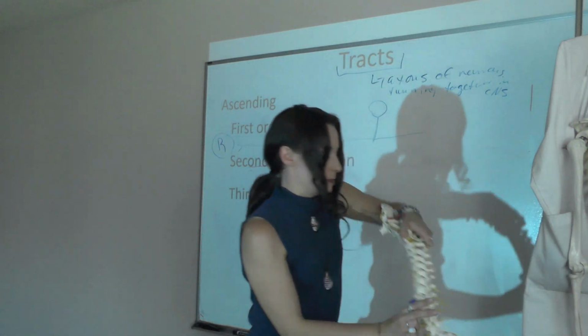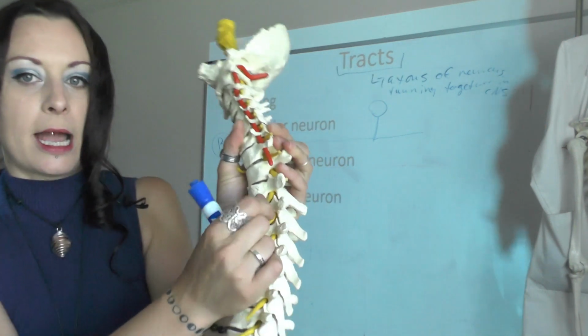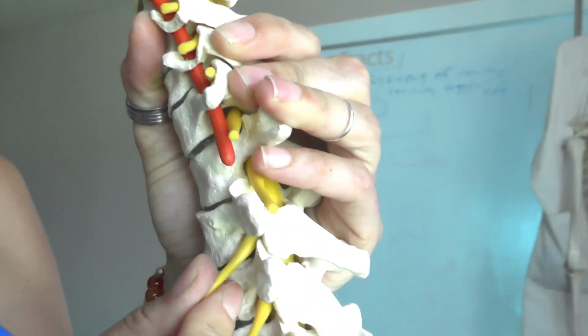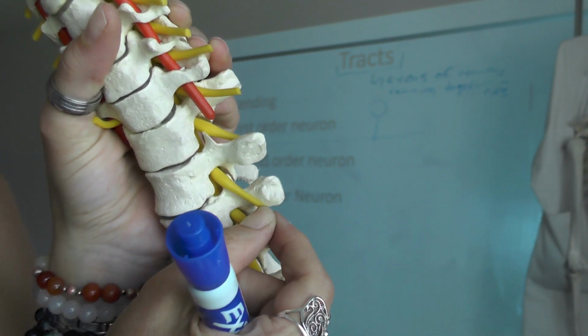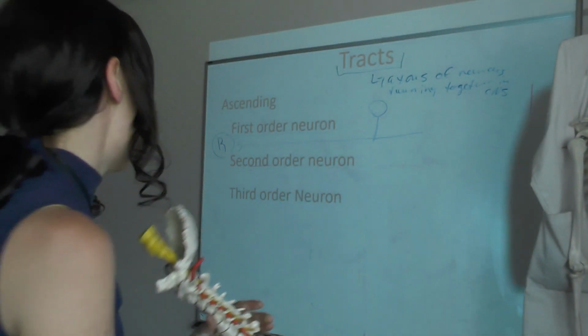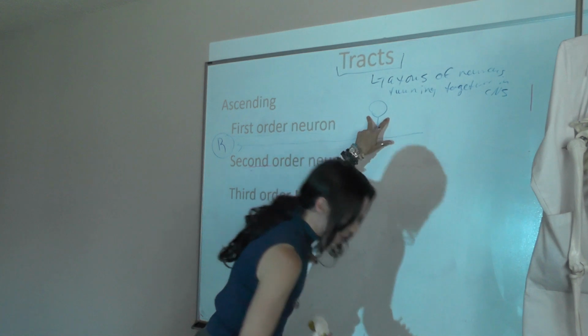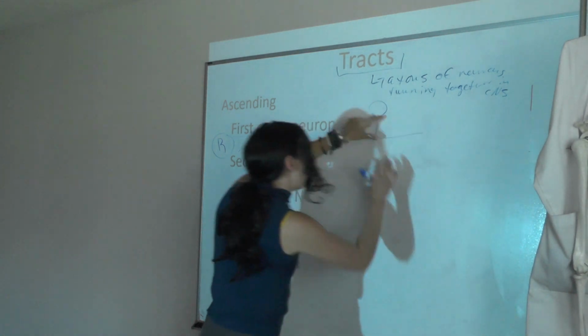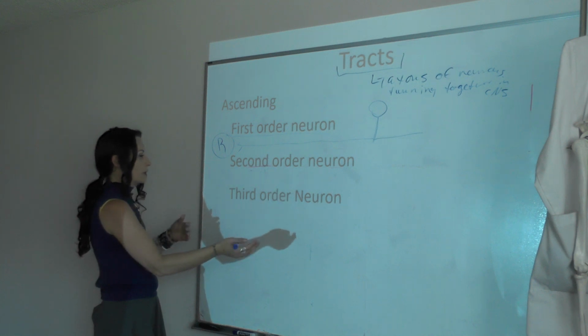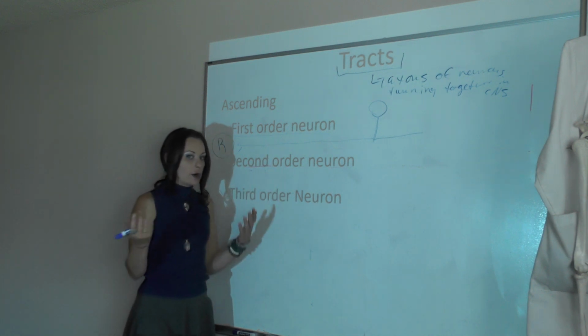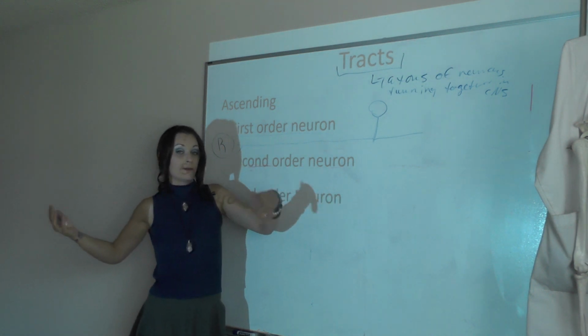So if we look at this model, just outside the vertebral column, you can see this little enlarged region. That's the ganglion, and it's enlarged because it's got all these somas of our unipolar sensory neurons. Wait a minute, this is our first order neuron. Well, we said we could classify all of our neurons based on anatomy and physiology.